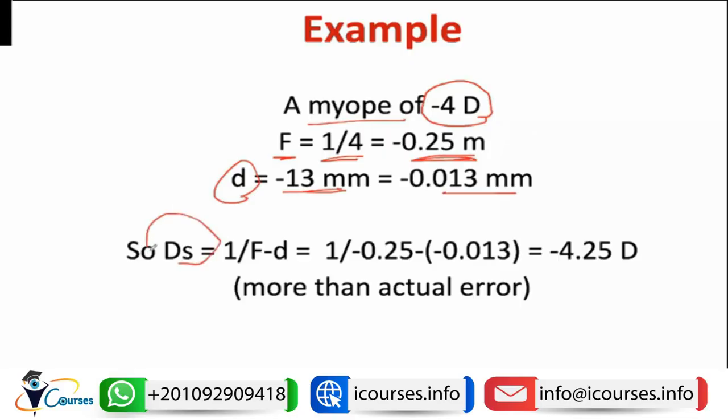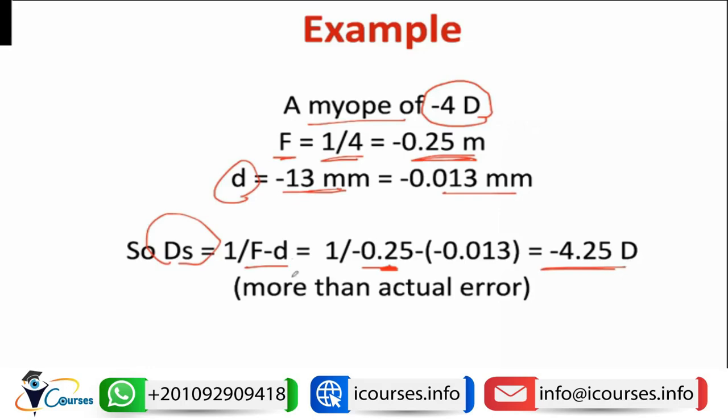So the power of the correcting spectacle, if a patient has myopia of minus 4, will be equal to 1 divided by f minus d. So 1 over minus 0.25, because the patient is putting a minus lens, so the focal length will be in the minus form, minus minus 0.013, so it will be equal to minus 4.25 diopters.